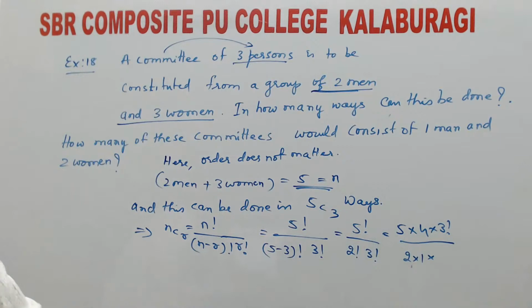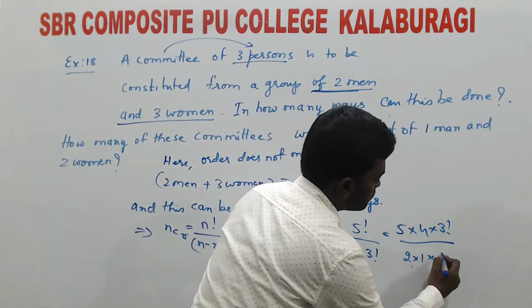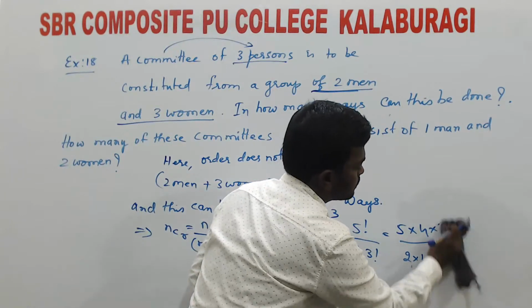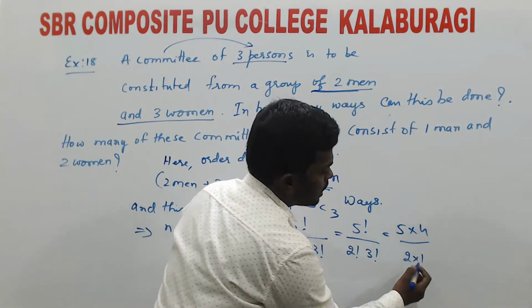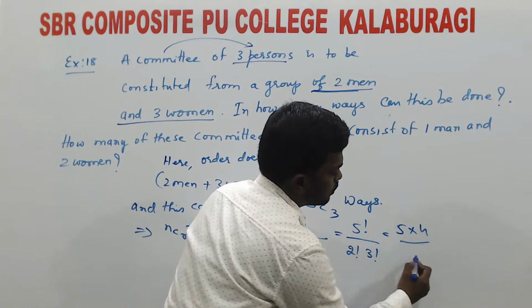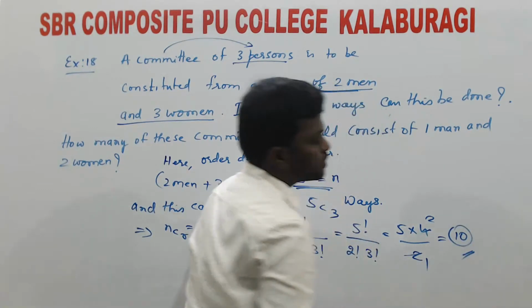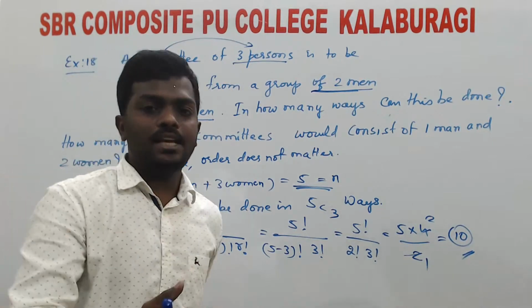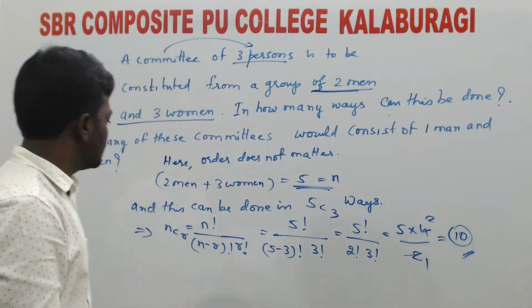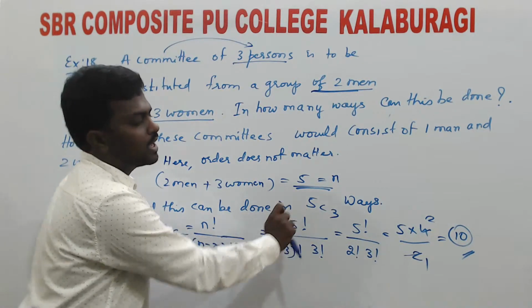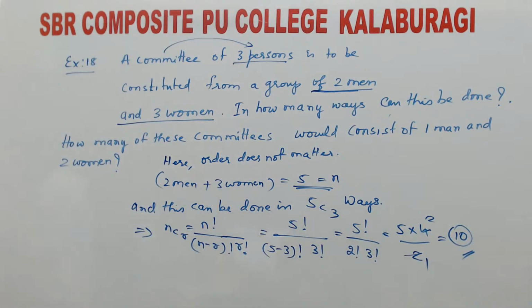The 3 factorial in the numerator and denominator cancels. So 2 ones are 2, 2 twos are 4, 5 times 4 is 20, divided by 2, so you can make 10 committees, taking 3 at a time out of 5. Is that clear? This is the first part of the question.